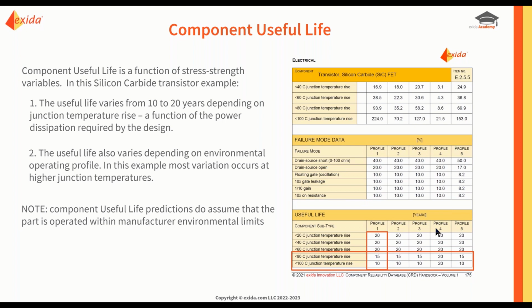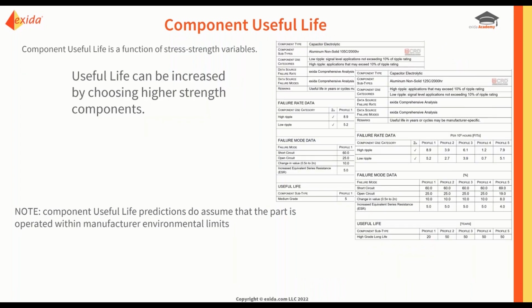The really nice thing about that is that you have a really good heat sink compared to air. Water is much better at cooling. So the useful life goes up in that environment. Useful life changes with stress versus strength.